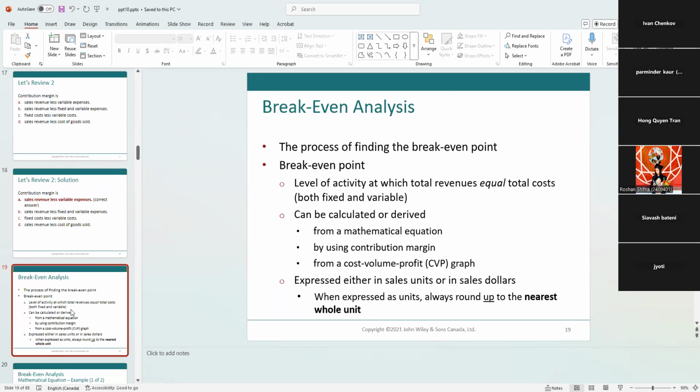Again, you're calculating cost volume profit analysis, right? And the formula says in order to get a break-even, you need to sell 8.75 units. Now, if I start selling this to the customer, let's pretend I have 8.75 units sitting in my store ready to be sold.